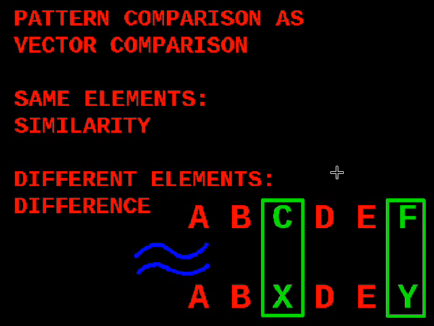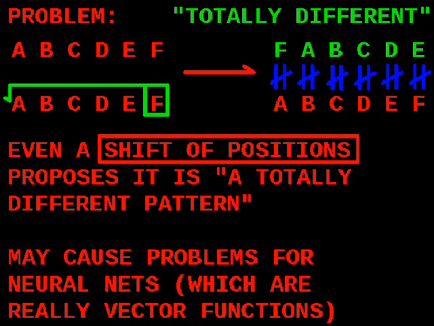What is the issue with this? Well, vectors are positionally ordered. That leads to a funny consequence. If you were to shift a vector by even one element, and even if you make a cycle shift so that in fact it consists out of the same sub-elements, then still this shift will cause the new vector to be regarded as totally different from the original one, because none of the positions will actually match anymore.